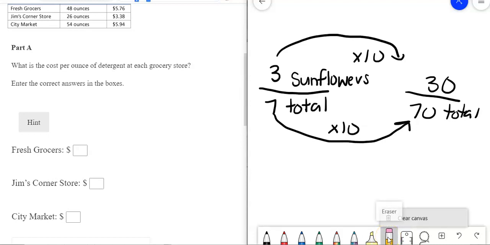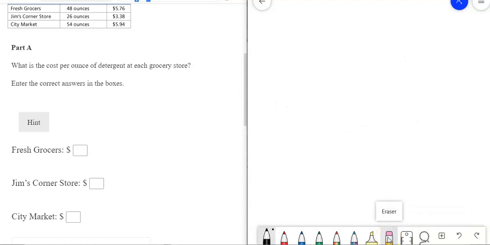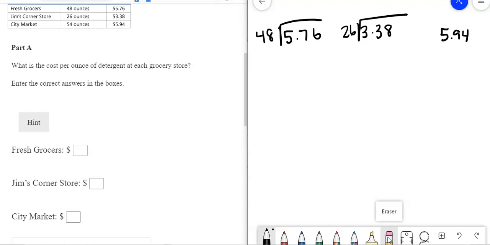So to do that, I just need to divide all 3 of them. So I'm going to take the money and divide it by the ounces. And our last one, $5.94.